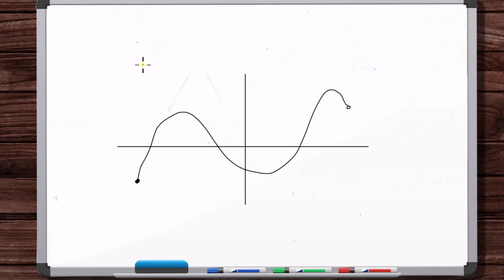And you could think about it this way. Positive slope, then it switches to negative slope. That's a max, right? And then vice versa, if it goes from negative to positive, then it's a local min.